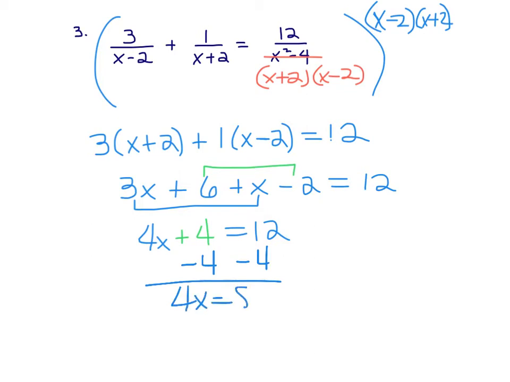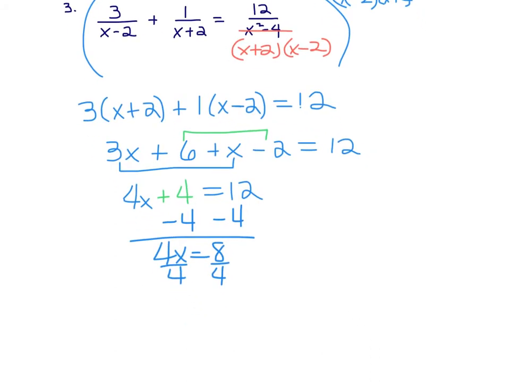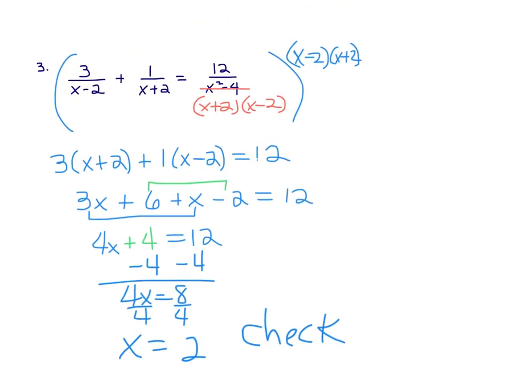4x equals 8, divide by 4, and I find that I think my answer is x equals 2, but remember, we got to check it. If it makes any of the denominators a 0, we throw it away. So again, my denominator, remember, is x plus 2 and x minus 2.